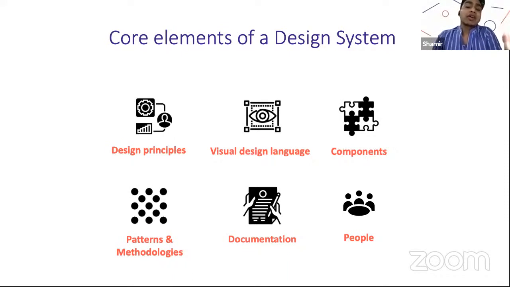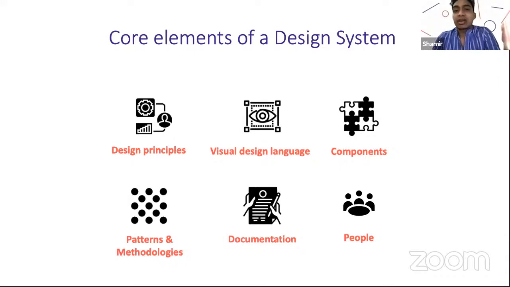Then next up, we have the documentation. Documentation is also something very important when it comes to a design system. It's about putting all these together. Basically, we need to describe how the design system should work, and then give the idea to the team and the stakeholders, and that is possible through a well-written documentation guide for your design system.